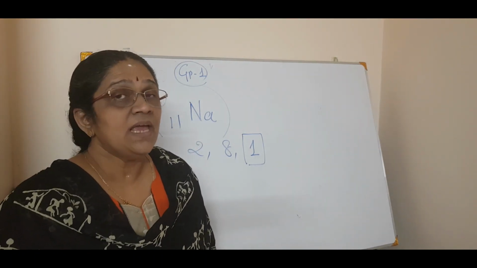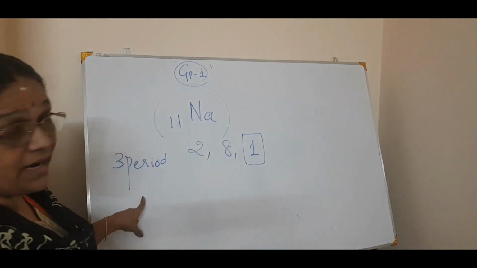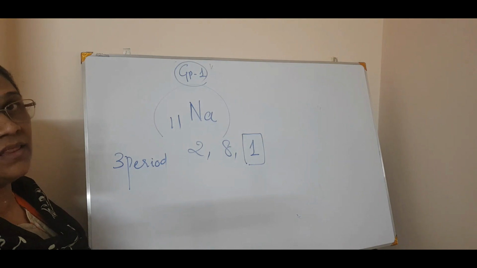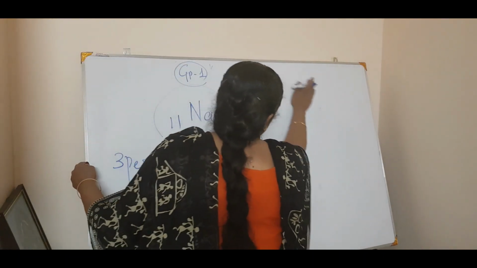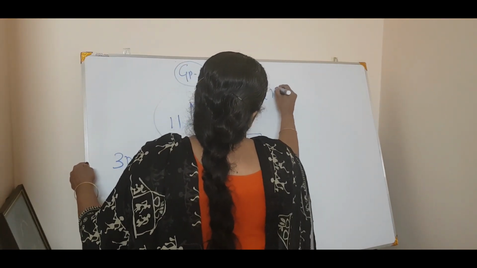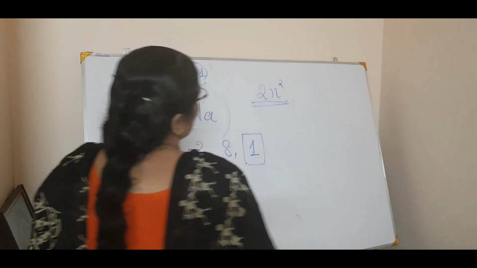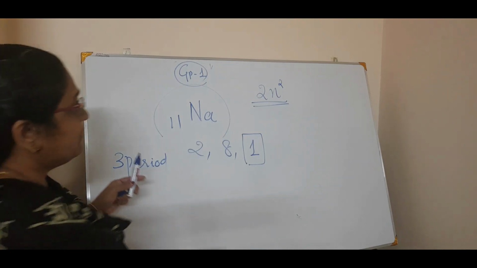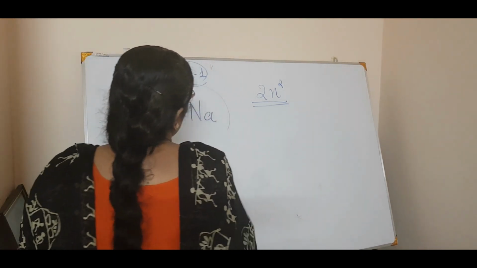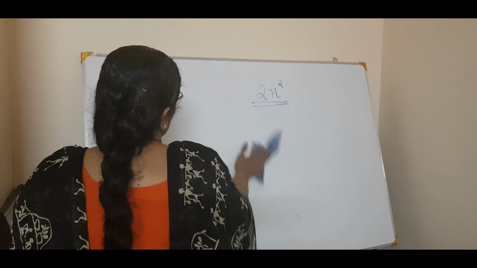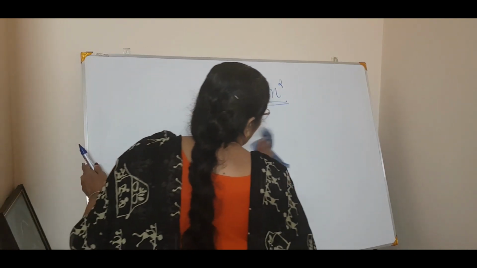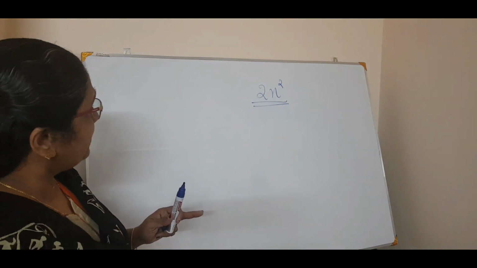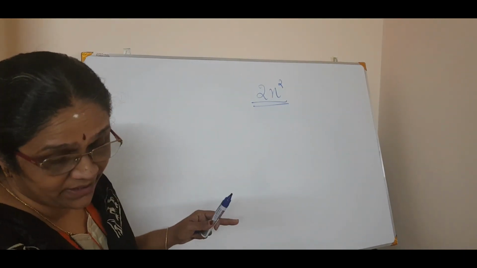Understood? Now let us see how many elements there are in each period. We know that the maximum number of electrons is 2n square, isn't it? You have studied this. The maximum number of electrons in a shell is given by 2n square, where n is the number of the shell.